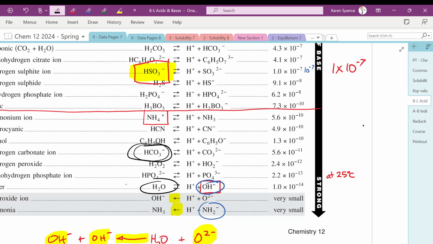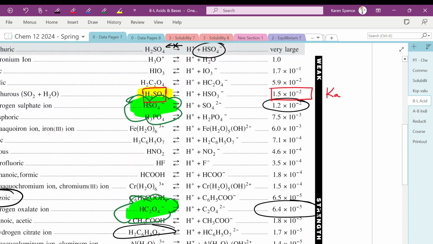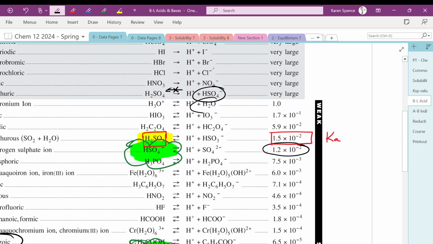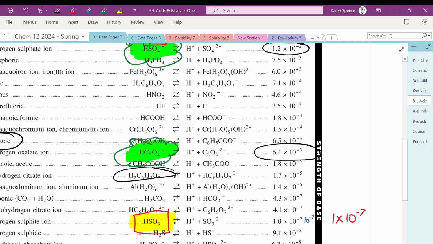Water is also a weaker base than HCO3 minus, and a weaker acid than HCO3 minus, but it's amphiprotic, so it can do whatever you need it to do. So just don't worry about that aspect of it.